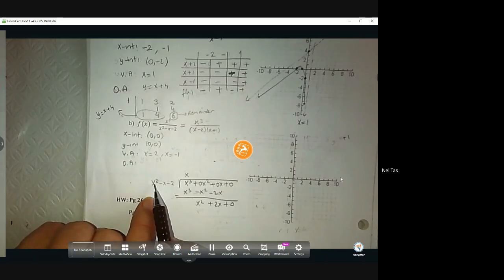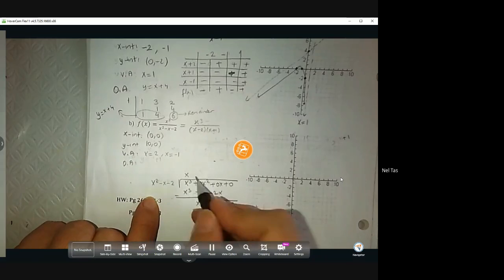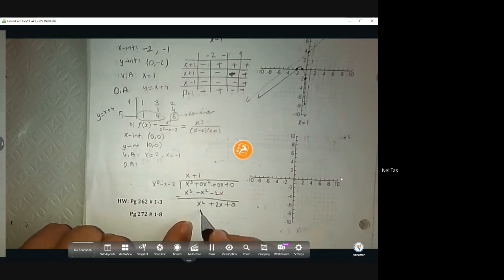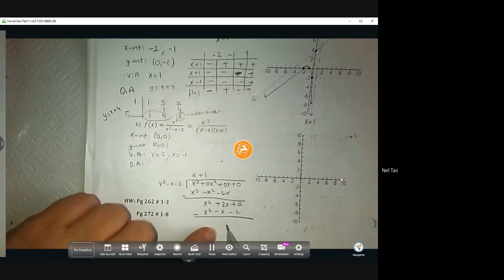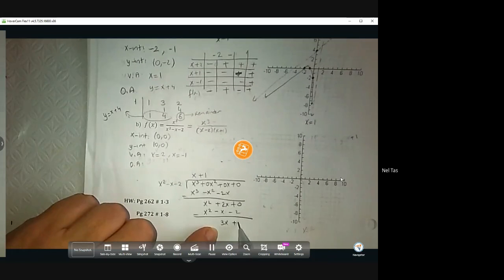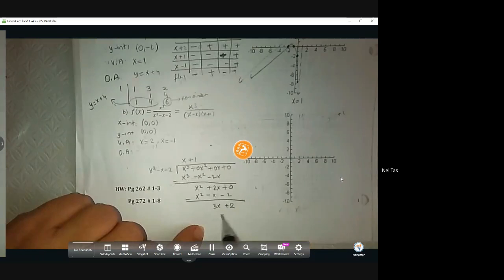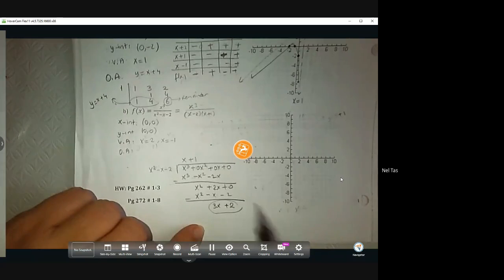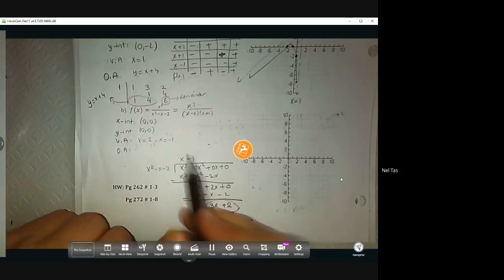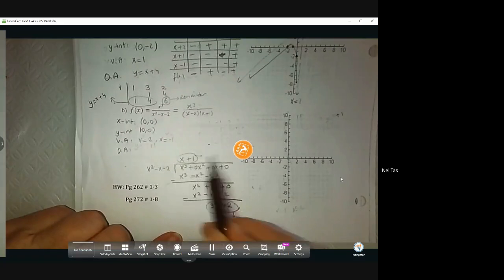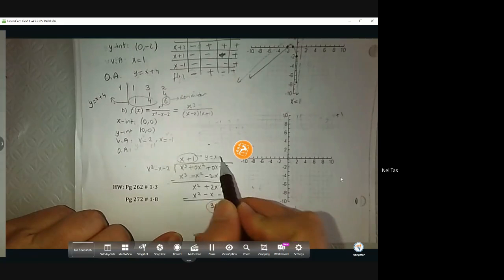Okay, so you need to multiply x squared by something to get x squared. That would be 1. So you get x squared minus x minus 2. Subtract. So you get 3x plus 2. So this whole thing, you can't divide it further. So it looks like that is your remainder. And the quotient is your oblique asymptote.